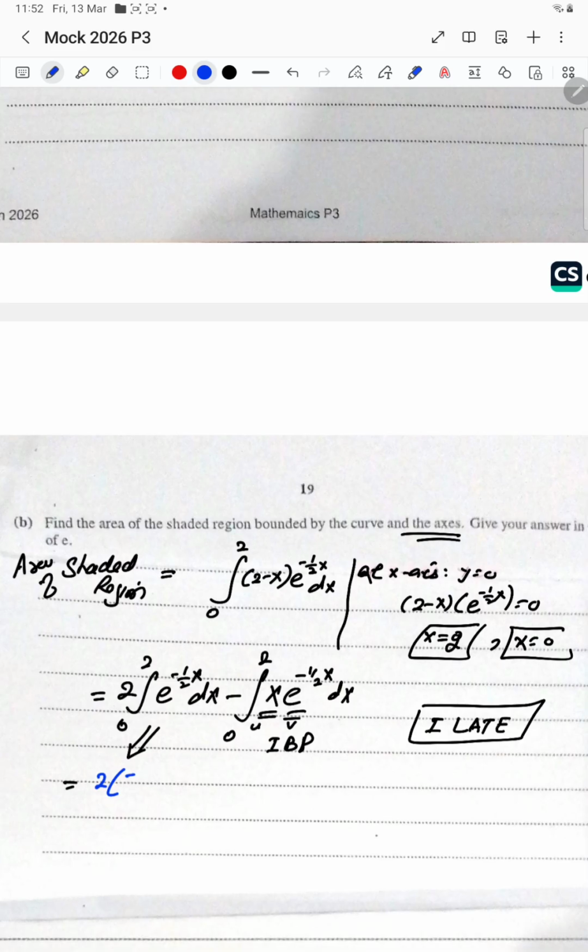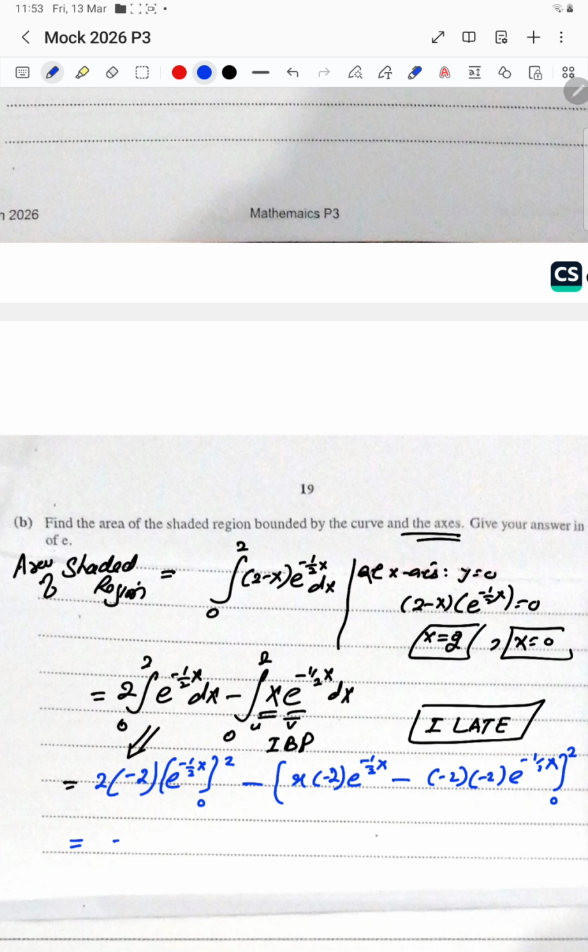2 times minus 2 e raised to power minus 1 by 2x, limit 0 to 2. This is done by parts. Here I am going to solve this: u times integral of v is minus 2 e raised to power minus 1 by 2x, and minus 2 times minus 2 e raised to power, double integral. I did it. You can solve it stepwise to better get the answer.